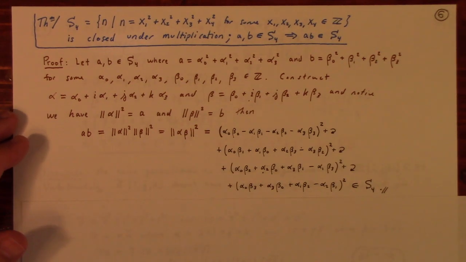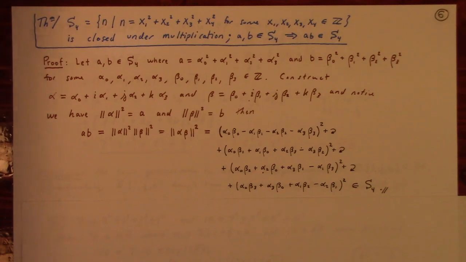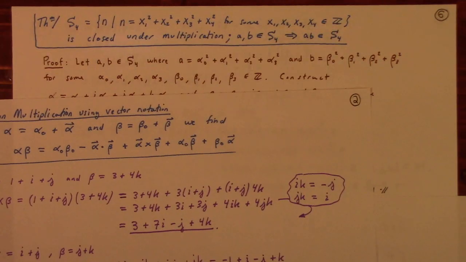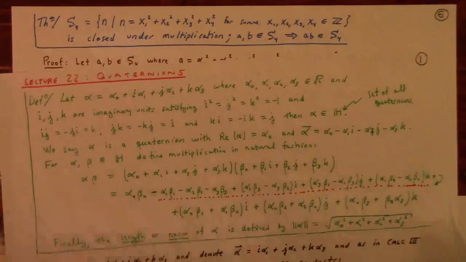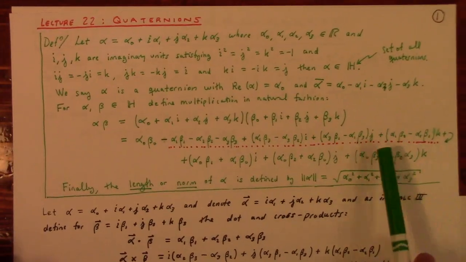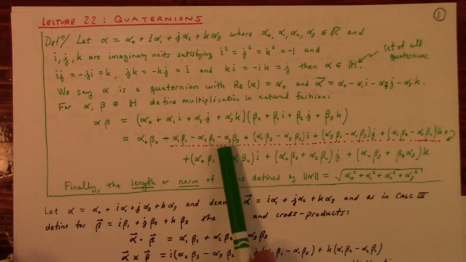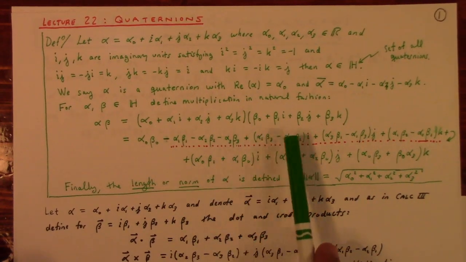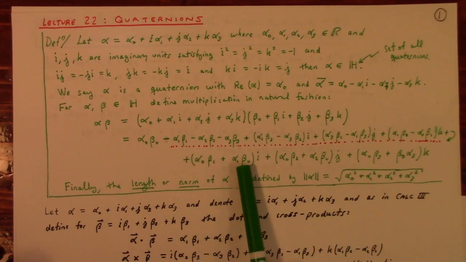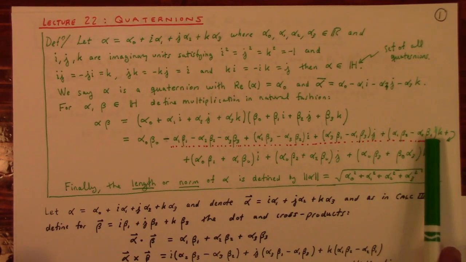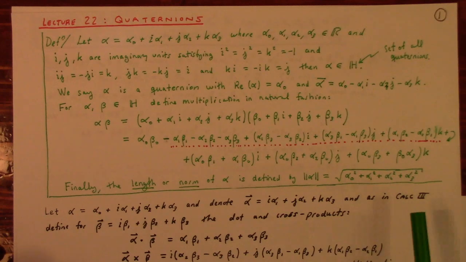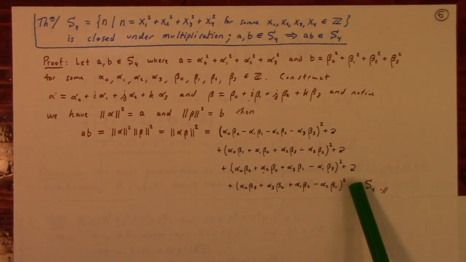I went back to page 1, to this formula right here, and I collected all the real part, that squared, the i part, which is this and that, the j part, which is this and that, the k part, which is this and that, and I put those together here.